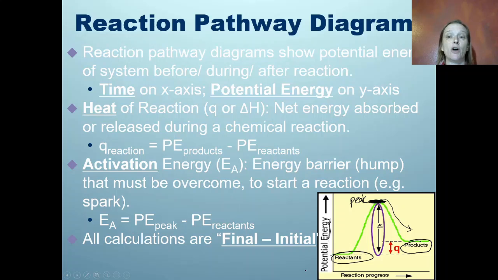When I wanted to know what's the activation energy, what's the highest energy that I need to reach, I did the peak minus the reactants. So it's always the final position minus the initial position for the particular calculation you want to do.